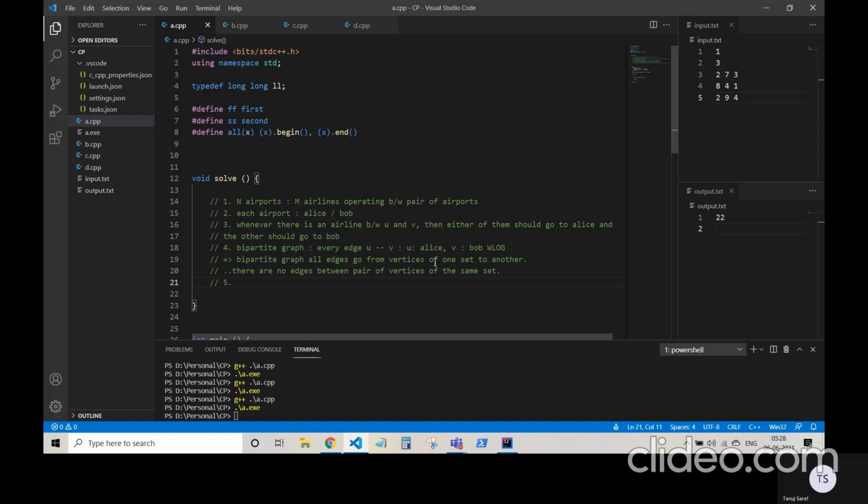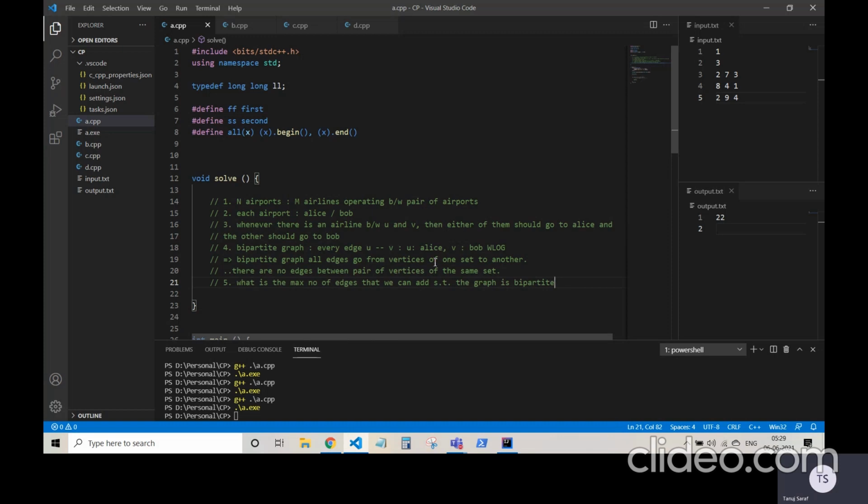So what the question asks us is, what is the maximum number of edges that we can add such that the resulting graph is bipartite? This is what the question is asking us, right?